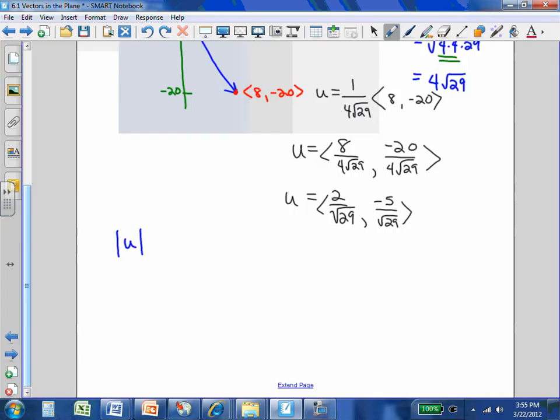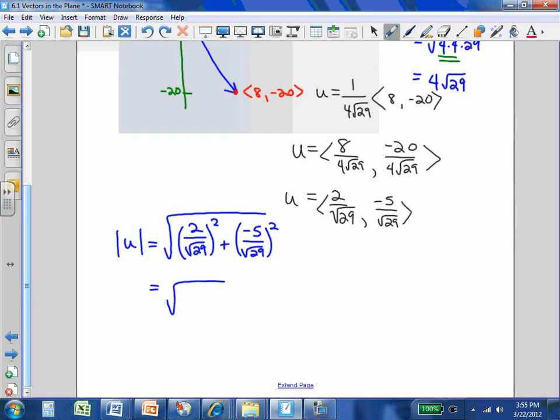It should be 1. So we are going to take the square root of 2 over root 29 squared plus negative 5 over the square root of 29 squared. So I square the top and the bottom when I square a fraction.